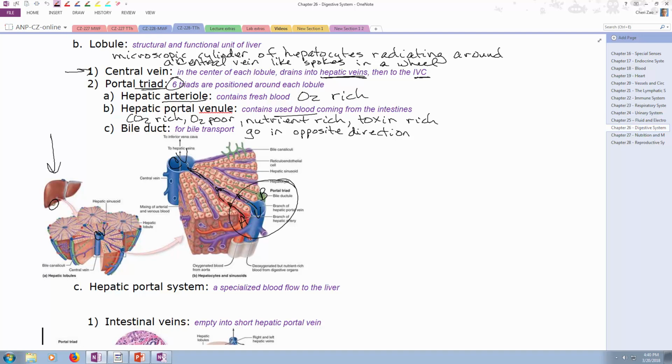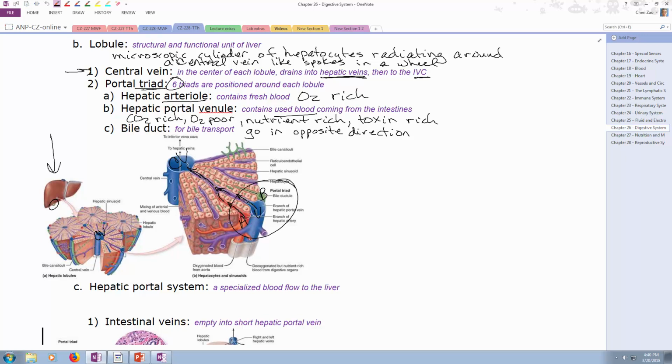Right atrium. It goes into the right atrium, because this is actually used blood, correct? And then it goes into the right ventricle. I think I must be very tired today. And then from the right ventricle, it goes to the lungs for oxygenation, correct? And so this is nutrient-rich blood going to the lungs for oxygenation.